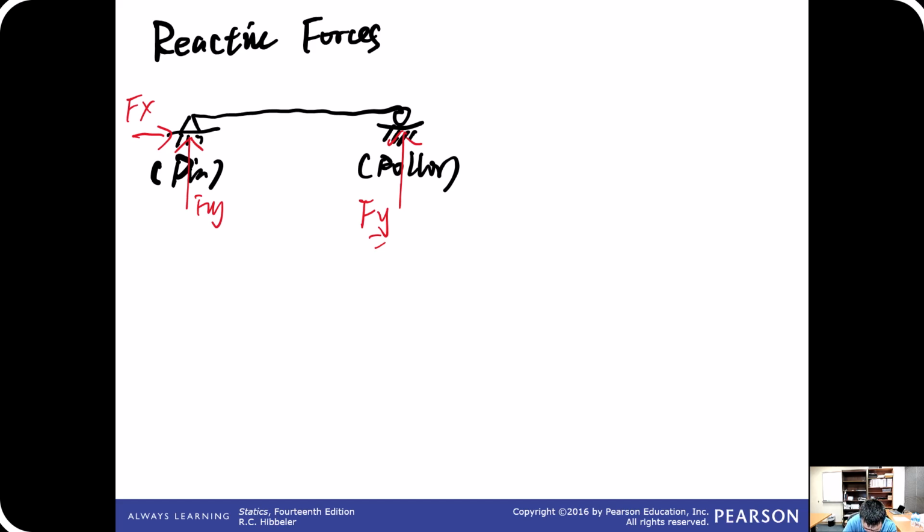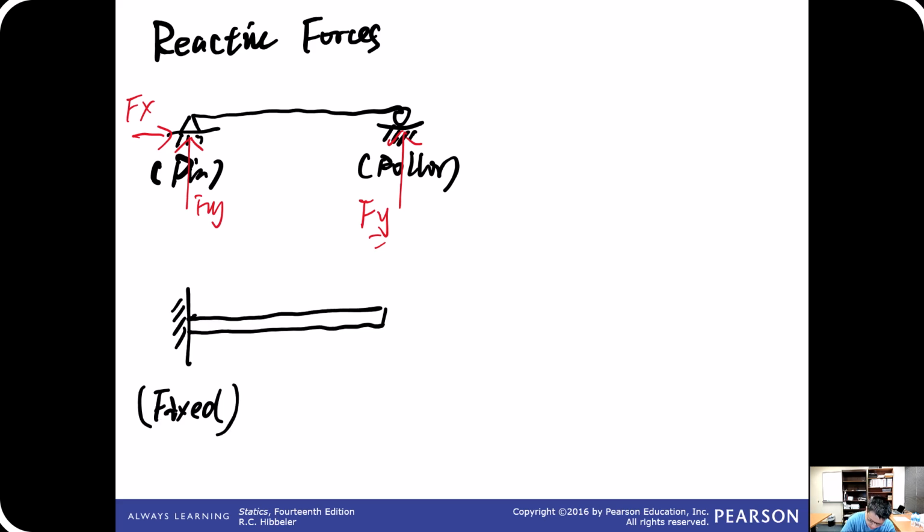What about fixed support? For the fixed support, it can provide not only the forces Fx and Fy, it can also provide a moment. So for any fixed support, it has 3 unknowns. For the pin, it has 2 unknowns.